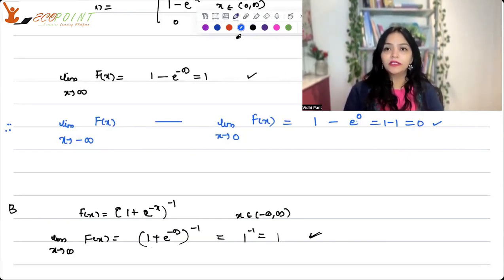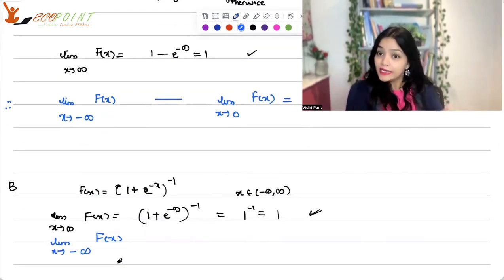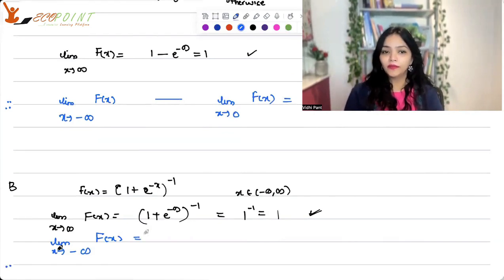अब दूसरी प्रॉपर्टी फटाफट देख लेते हैं यहाँ पर. लिमिट x टेंड्स टू, इस बार माइनस इंफिनिटी वाला कॉन्सेप्ट, माइनस इंफिनिटी ही लगाना होगा, 0 नहीं लगाना होगा क्योंकि my variable is coming from minus infinity. So this time limit x tends to minus infinity F(x), we have to look at this only because my variable is starting from minus infinity.